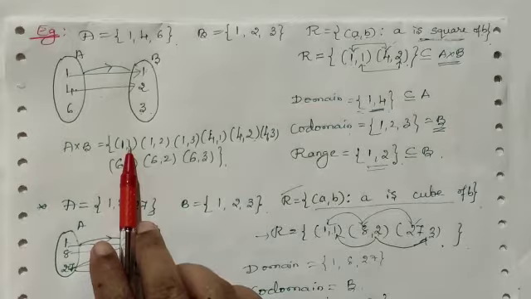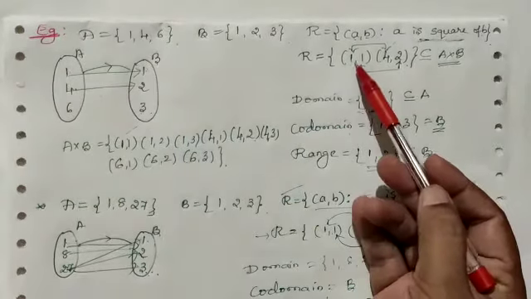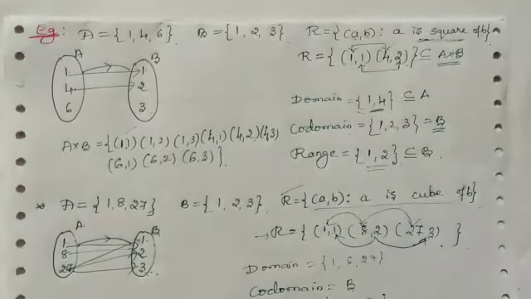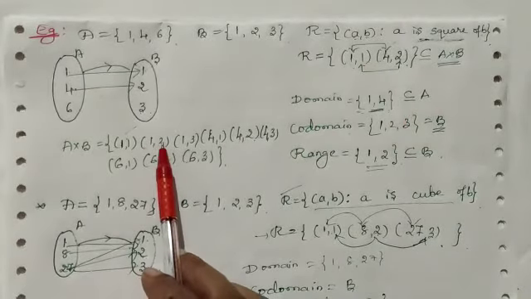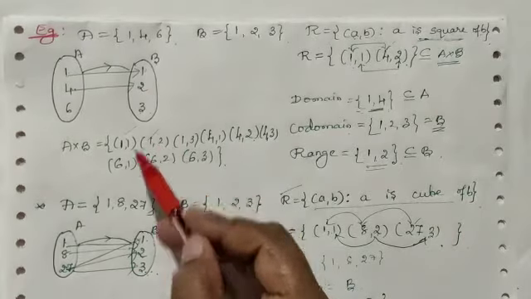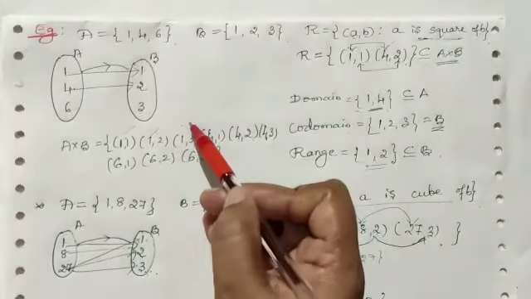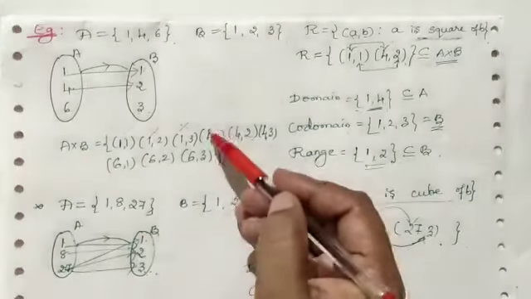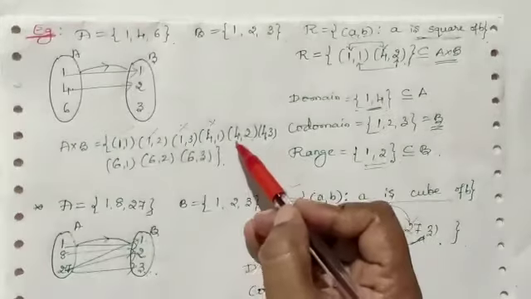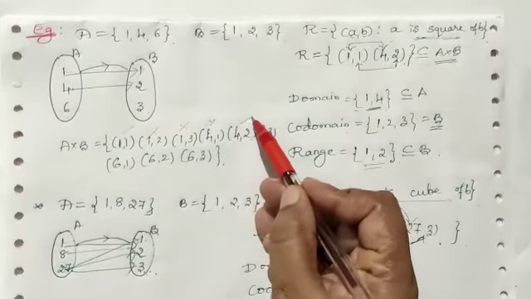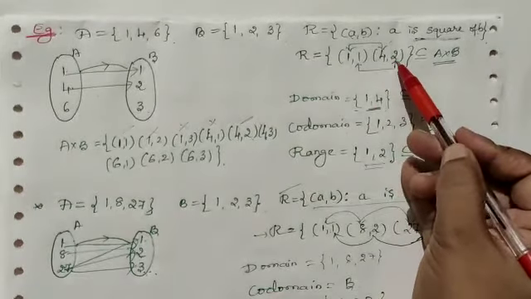Yes, it is true. So we'll take the first ordered pair in our relation, (1,1). Next, 1 is a square of 2? No, leave it. 1 is a square of 3? No, leave it. 4 is a square of 1? No. 4 is a square of 2? Yes. Pick it up, (4,2).